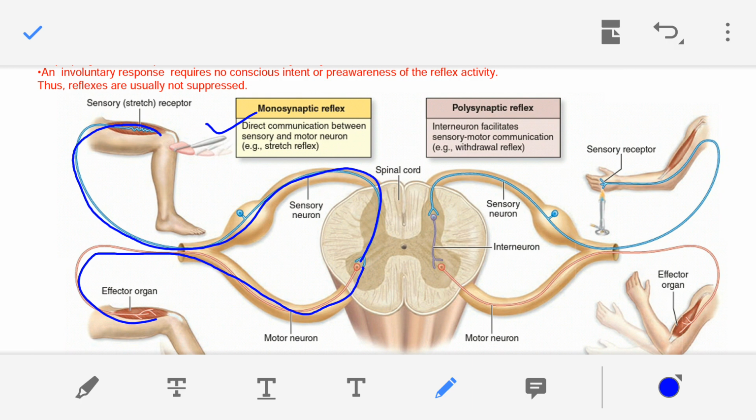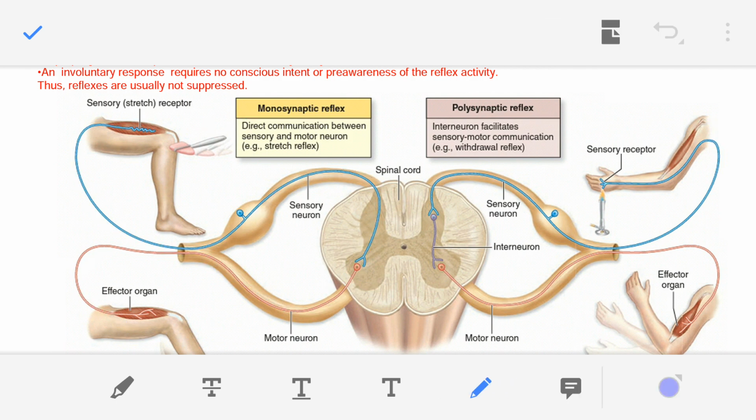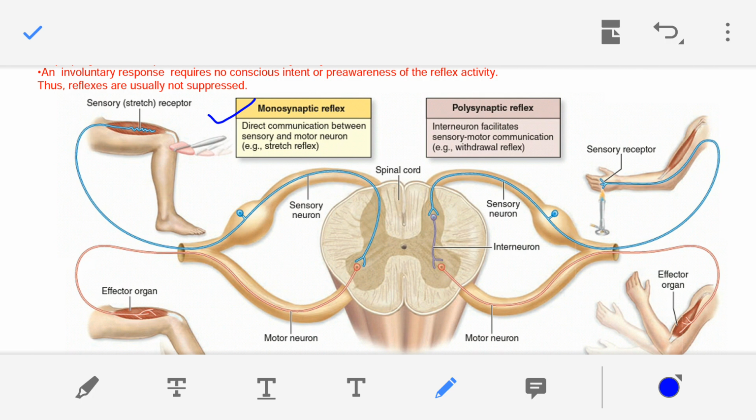And this is the synapse. So in short, in monosynaptic reflex, the sensory neuron synapses with the motor neuron in the spinal cord directly.